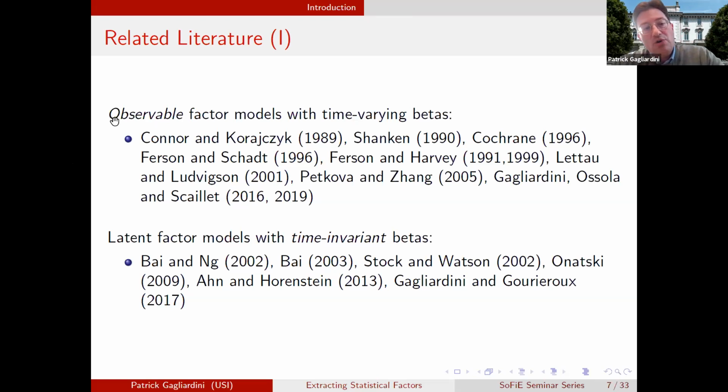So in our work, we build on large literatures where the time varying betas apply to observable factors, for instance, or the latent factors have time variation in their betas.